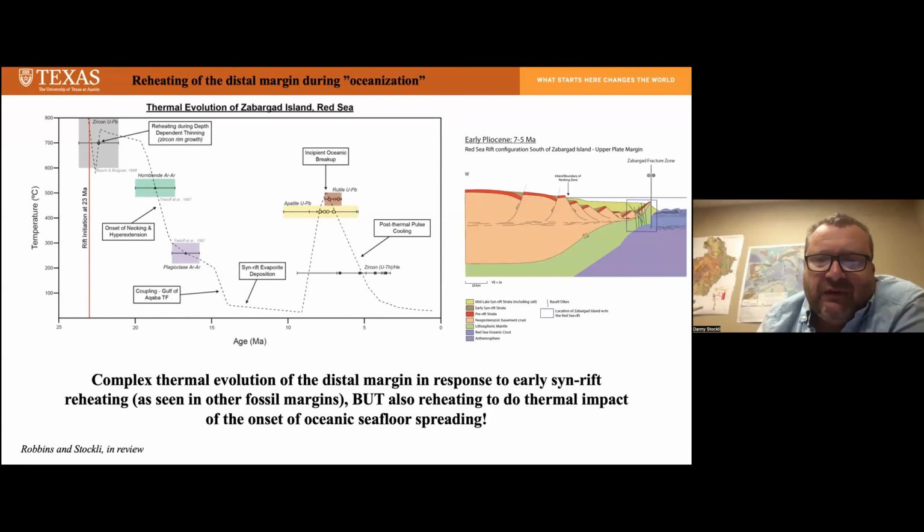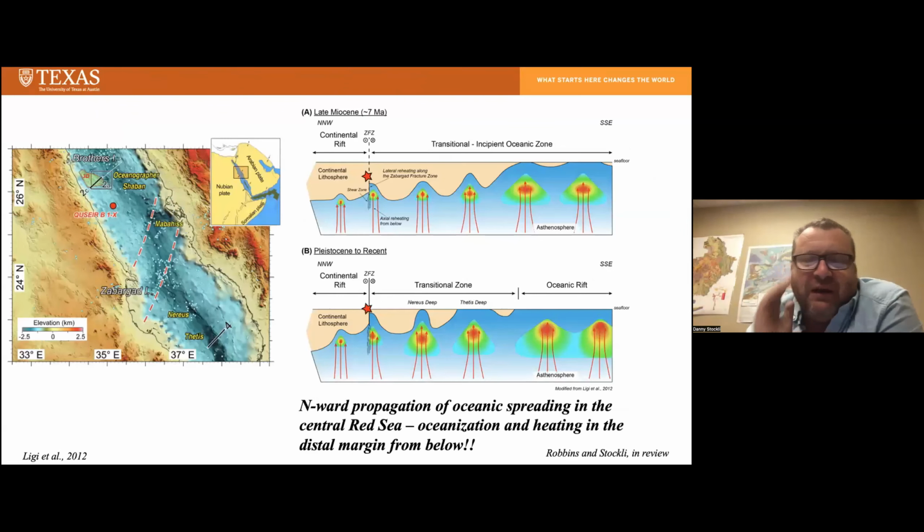So how is this? What we envision here is that as seafloor spreading propagates northward from the southern Red Sea towards Zabargad Island, the distal margin, which is preserved on Zabargad Island, essentially gets heated from below.